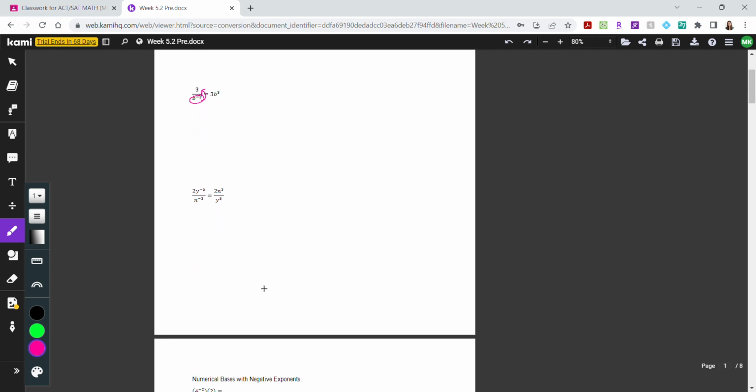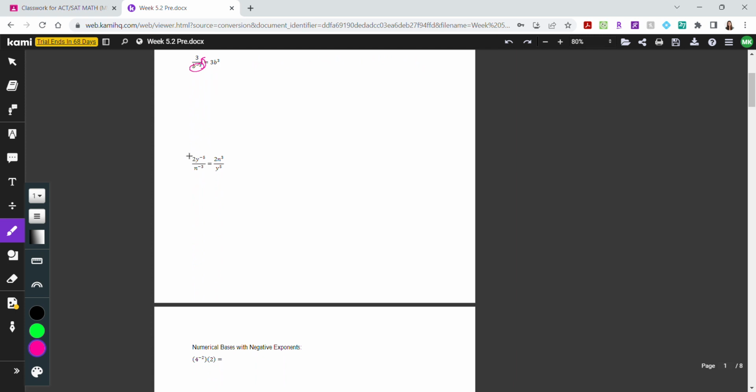So let's look at this next question. We have 2y to the power of -5 over n to the power of -3. I already did the answer for you. As you can see, y and n are the ones with the negative exponents, so they're going to be flipped upside down. Y is going to go to the bottom and n is going to go to the top. 2 stays where it is because, like the question before, 2 has a positive exponent of 1, so it stays on top.